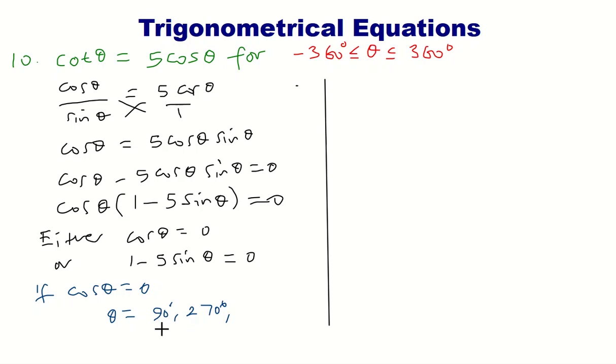So when you get 270 and subtract off 360, you get negative 90. When you get 90 and subtract off 360, you get negative 270. So we have plus or minus.